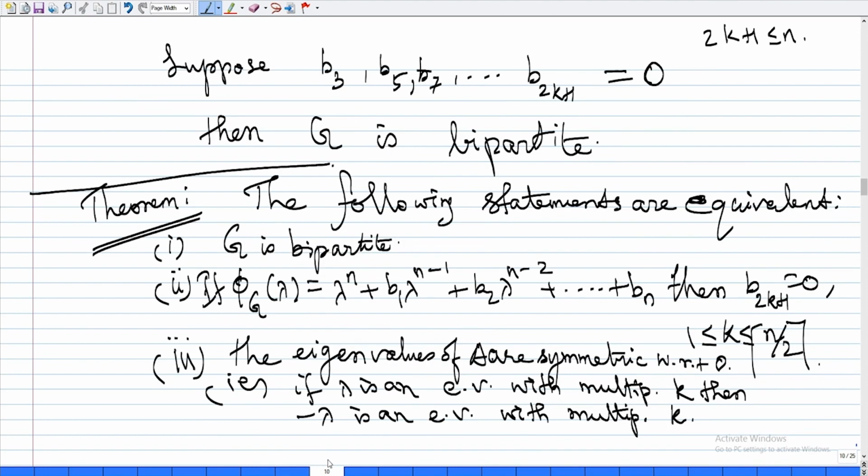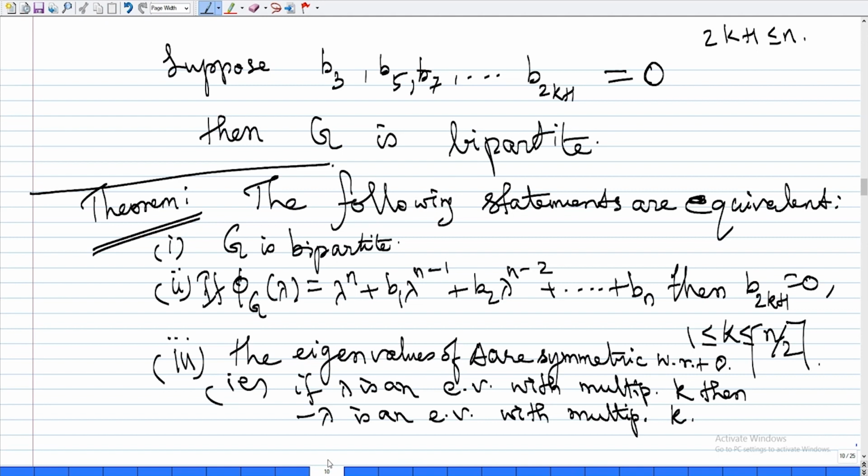And coming back to this theorem, is everybody clear with how the equivalence works? Like how 1 implies 2, 2 implies 3, or the other way around. It is like 1 if and only if 2. We have seen one way: when G is bipartite, we have shown all these things will hold. 1 implies 2 and 1 implies 3 we have seen. So what about 2 and 3?